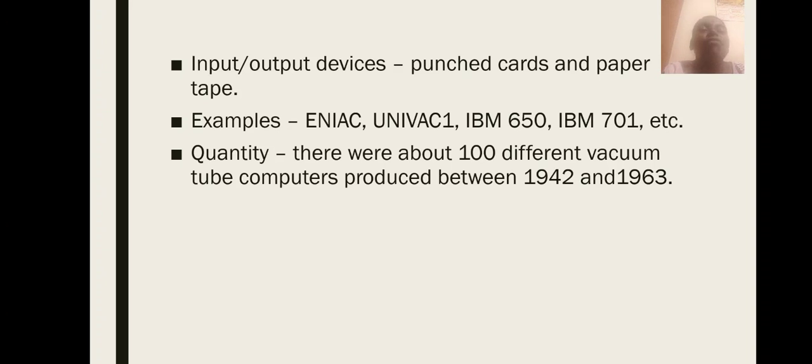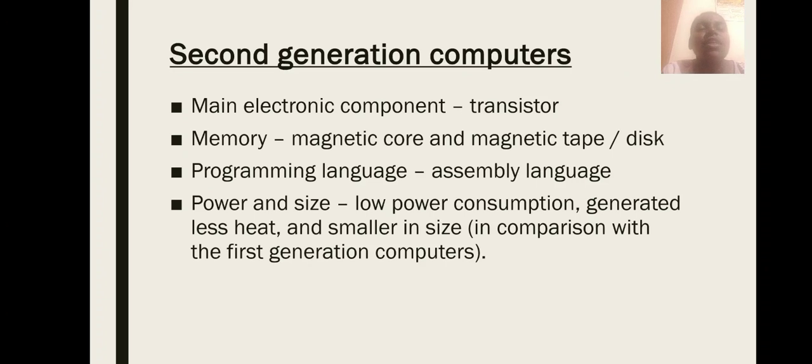Quantity: there were about 100 different vacuum tube computers produced between 1942 and 1963. The second generation computers. The main electronic components in the second generation computers were transistors. The memory was magnetic core and magnetic tape or disk. Programming languages were assembly level languages.